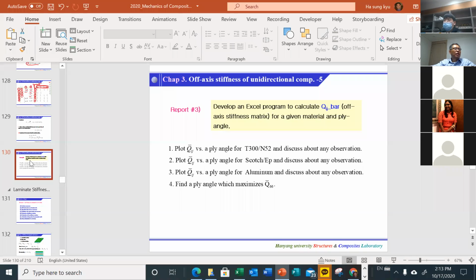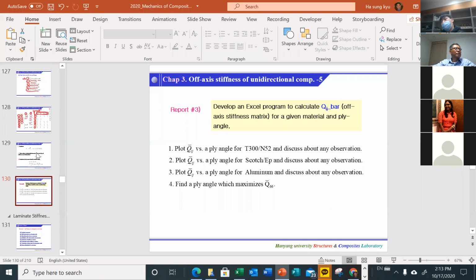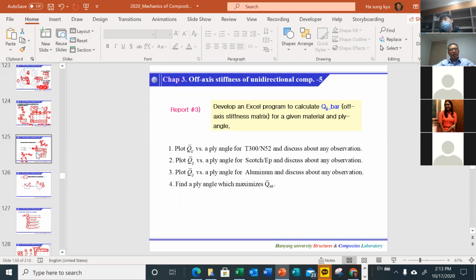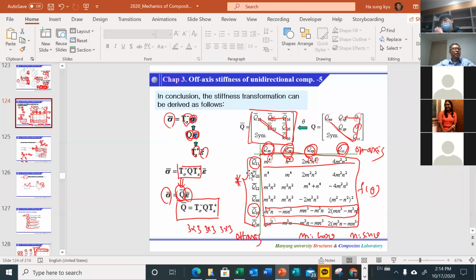Okay, so let's program what we have studied so far. Again, the final form we'd like to have is the compliance and the stiffness matrix.